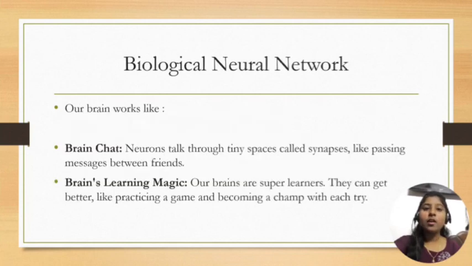Let's move on to a brief discussion regarding biological neural networks. The human brain is made up of 100 billion neurons. Neurons receive electric signals at the dendrites and send them to the axon. Imagine your brain as a team of tiny workers passing notes to each other.